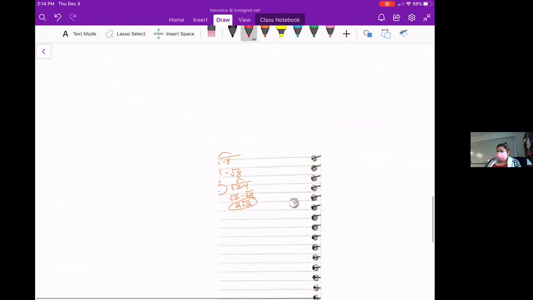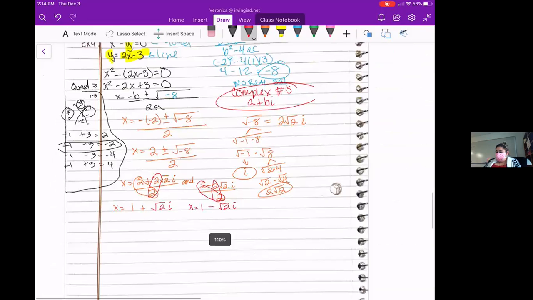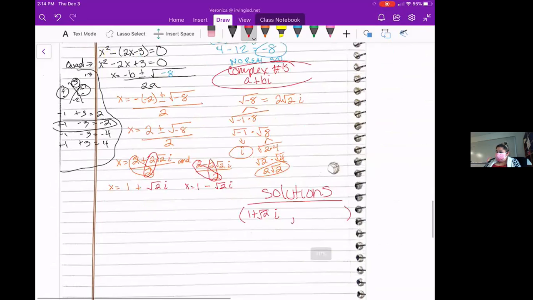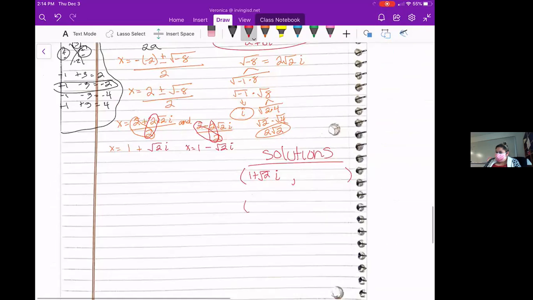Okay, so what do we have so far? We know that we're going to have solutions at 2 spots. One of them is going to be at 1 plus square root of 2i, comma something. And the other one is going to be at 1 minus square root of 2i, comma something. How are we going to find the second one? Well, you already know. You're going to plug in.